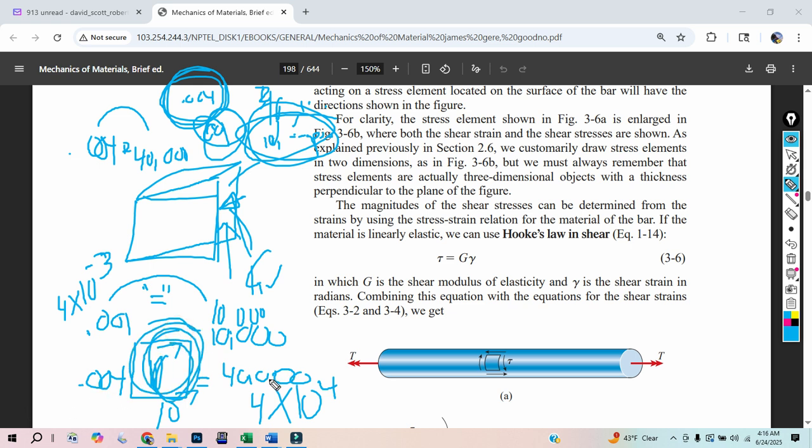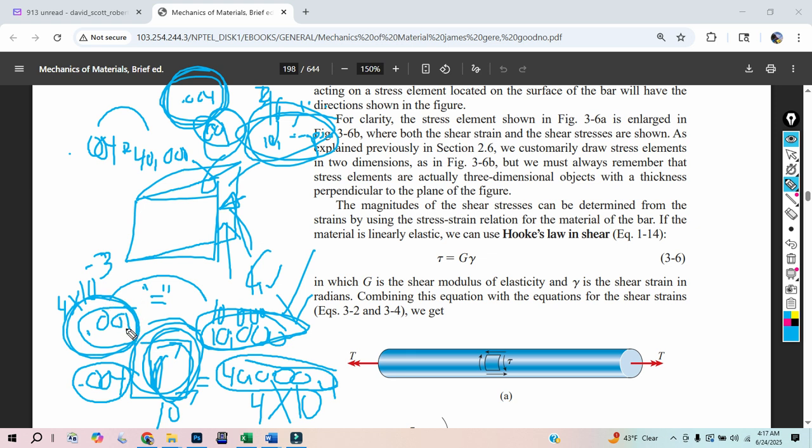So again, this is an equation. It says, hey, if I have shear stress, and this is just for the max, you know what I mean? It's for anything, because if I have 10,000 pounds, I know that's going to be 0.001. So I need an equation where if I throw in this number, I pop out that number. If I measure this angle of 0.001, I input that, multiply it by a constant, and then pop out this number.